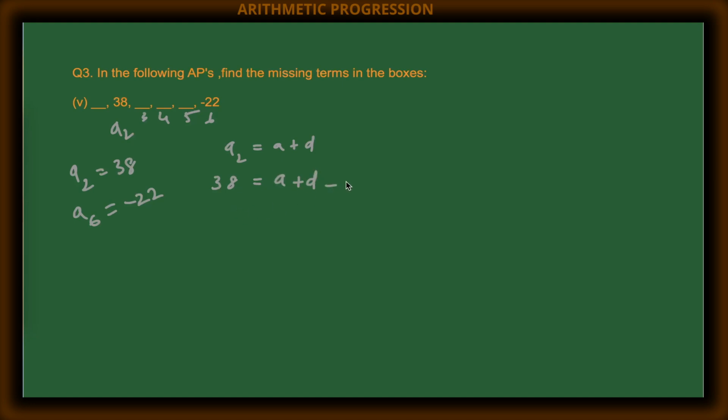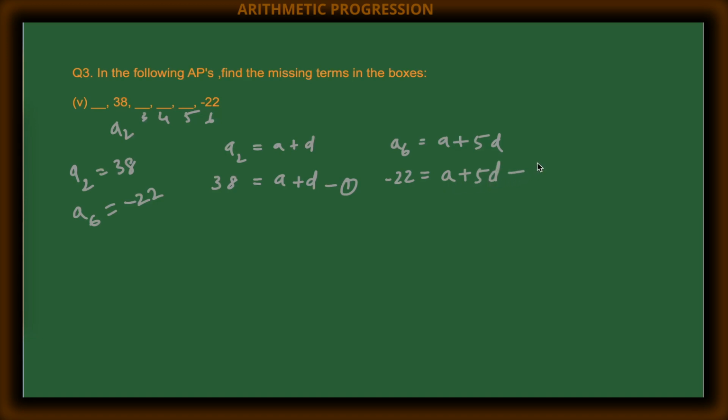Okay, this is one equation. We cannot solve further, so let's take A6. A6 is equal to A plus 5D, and A6 is given, let's put it here, minus 22. A plus 5D, because A is unknown, D is unknown.